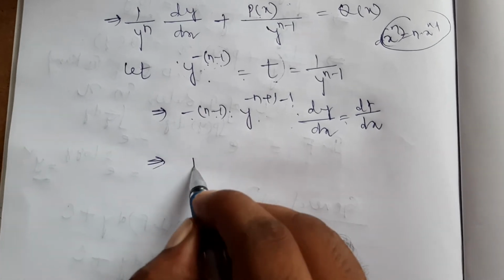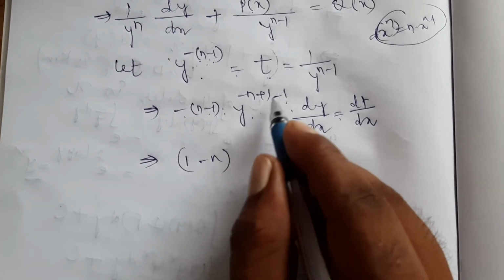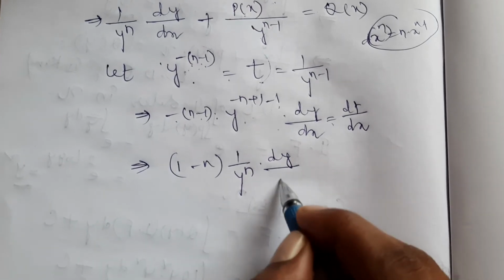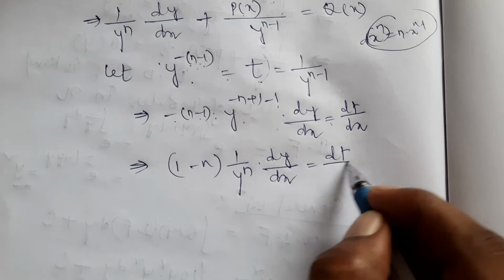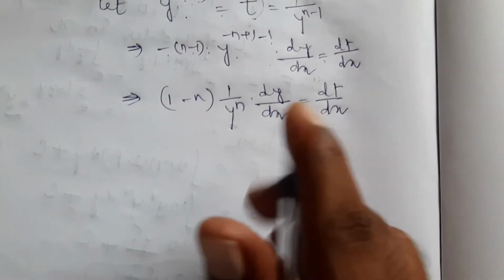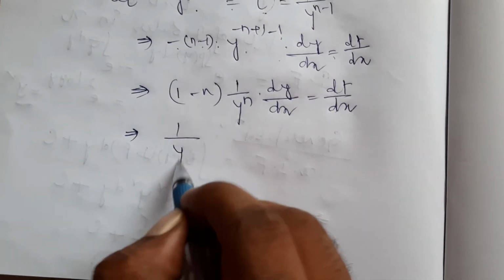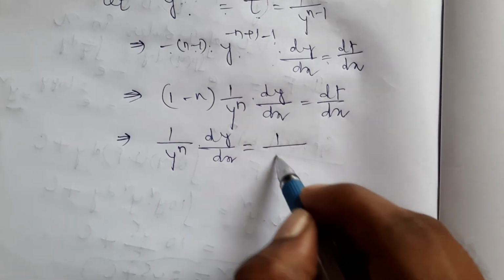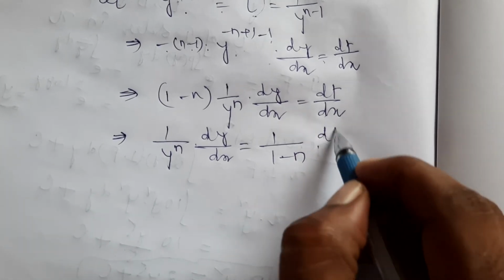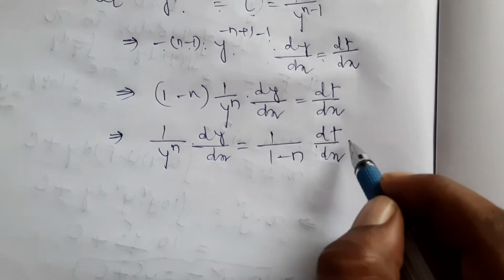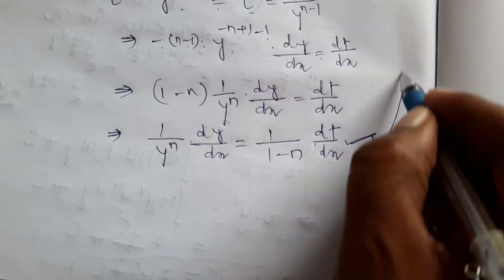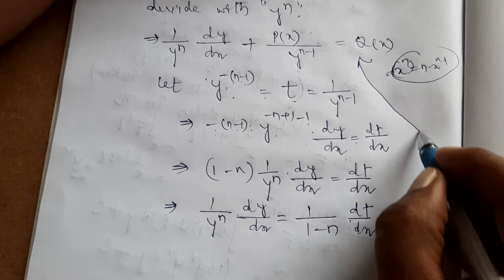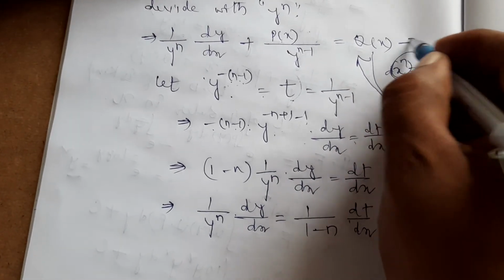Means I can get 1 minus n into 1 by y power n dy by dx is equal to dt by dx. Now with this value I can get 1 by y power n into dy by dx is equal to 1 by 1 minus n into dt by dx. Now replace this whole value in this differential equation, let it be equation number 1.